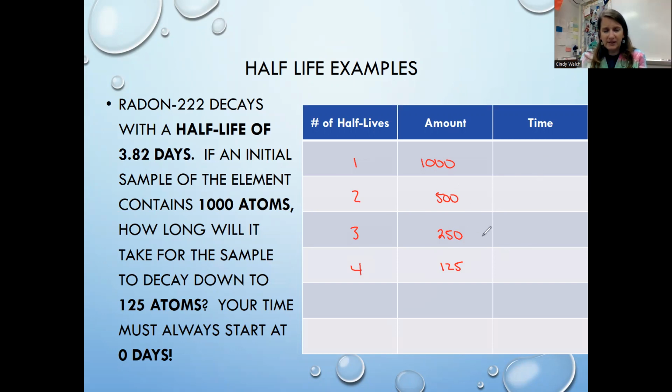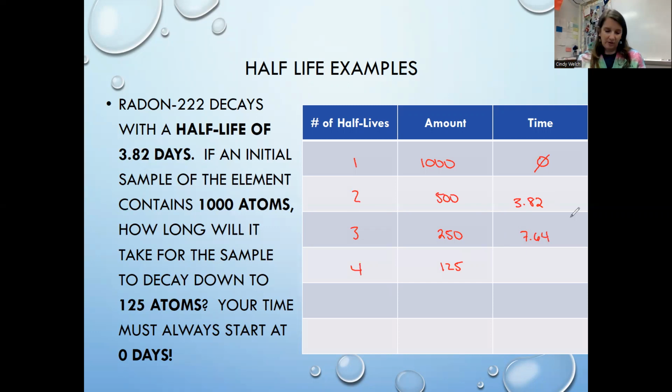Now let's see how many days have passed. So we start at 0 days because at 0 days, we had 1,000 atoms. Each time we're going to add 3.82 days. So this is going to be 3.82. And so then I'm going to add 3.82 to this, and that would be 7.64 days.